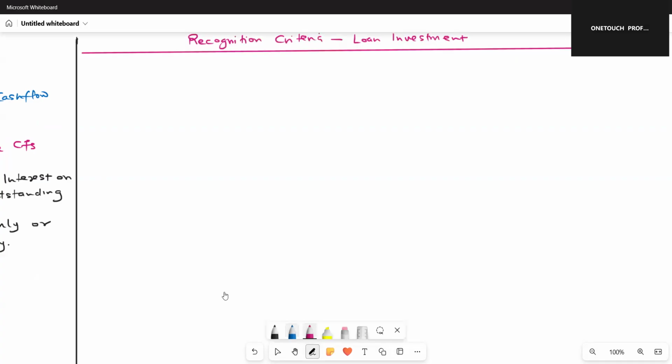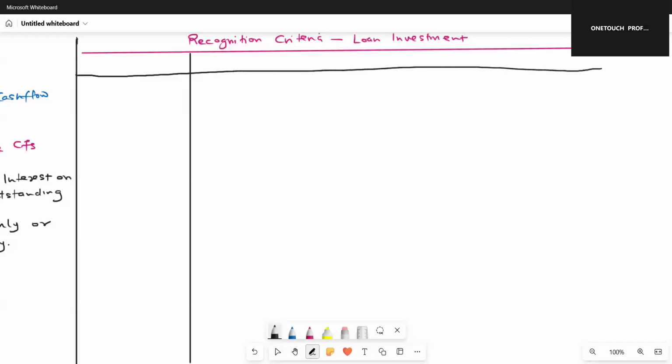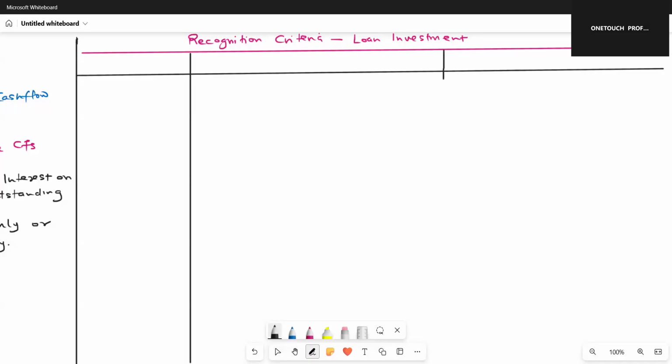Loan investments are classified into three. I said they are classified into what? Into three. So we are going to look at the types of financial assets and the recognition criteria.